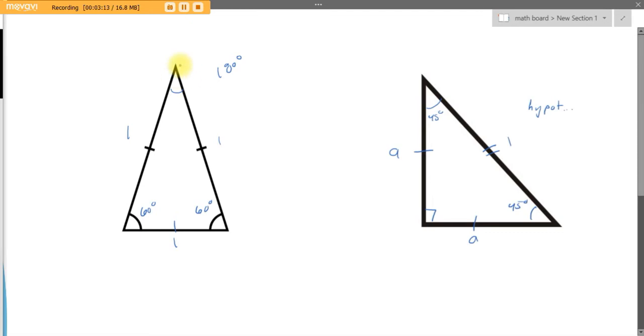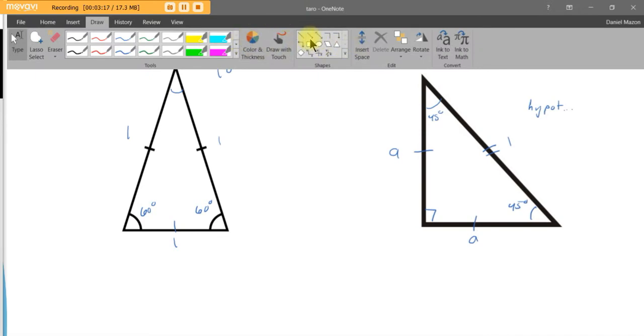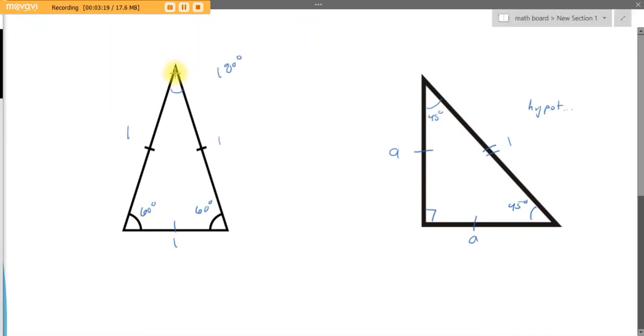Okay, I'm going to stick to the isosceles for a little bit. I'm going to go ahead and cut it in half, and you'll see why in a second. So what does that do if we cut it in half? Well, first of all, you've also cut the degree measurement in half. So this was 60 degrees originally, but now you're left with 30 degrees, right?